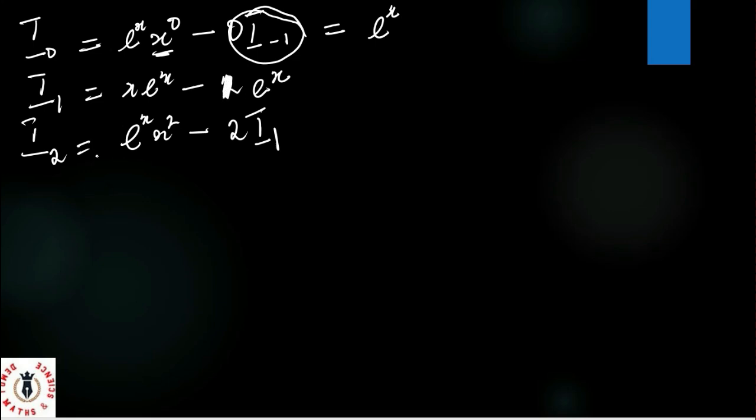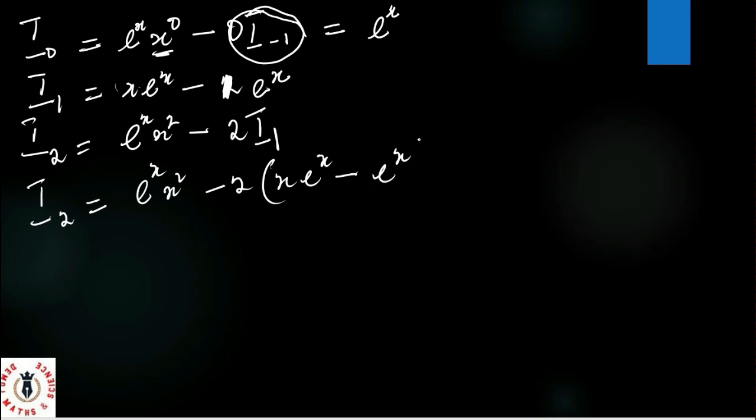So in place of I1 here, we can now substitute the entirety of this, so that my I2, which is that integral, is the same thing as e raised to power x times x squared minus 2 into x e raised to power x minus e raised to power x. Now, obviously, this is an integral. I cannot forget my plus c.